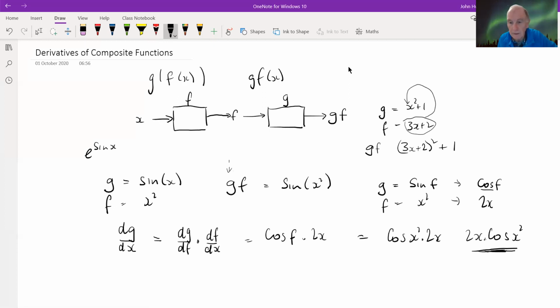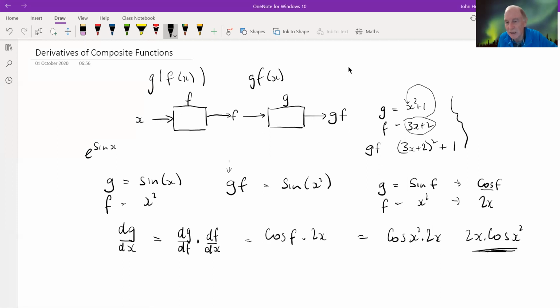So just to recap, if we find the right lettering, I think it all becomes a little bit more obvious, doesn't it? We've got G equals sine of F, F equals x squared. There's a little bit of confusion coming here from GCSE, where we're using the same letter twice effectively.